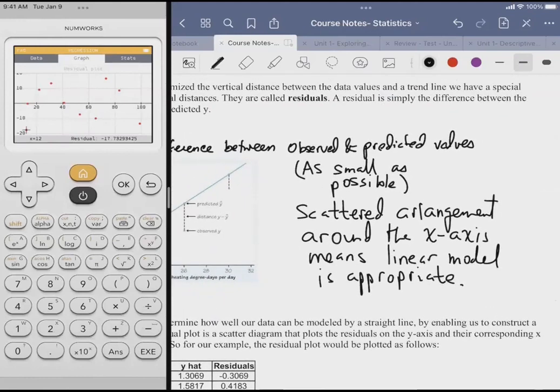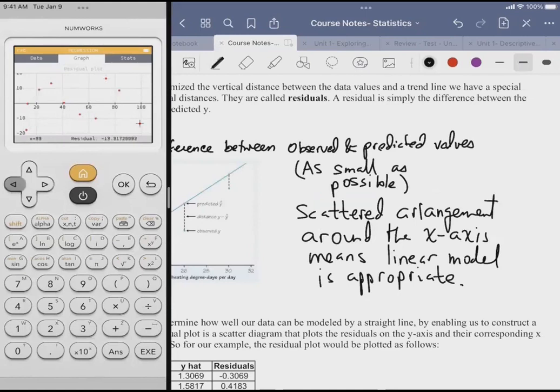You can compute the residuals and plot them individually, which we tend to not really want to get into. If anything, I'll ask you to just compute one or two residuals, maybe fill out a table. Fortunately, if I toggle along here, it gives me the residual for every single x value.